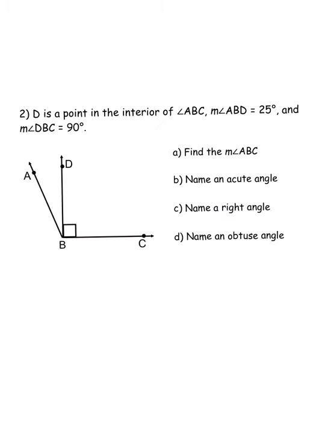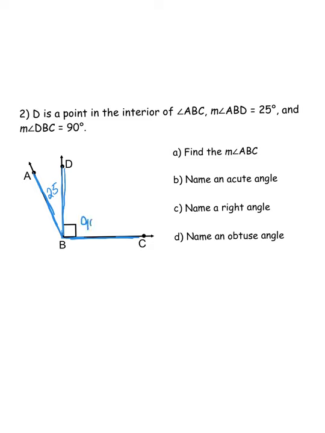Okay, if we look at this question, it says D is a point on the interior of angle ABC. Maybe we want to highlight from A to B to C. And it says the measure of angle ABD is 25. So from A to B to D, trace that with your pen. That's 25. It says the measure of angle DBC is 90.